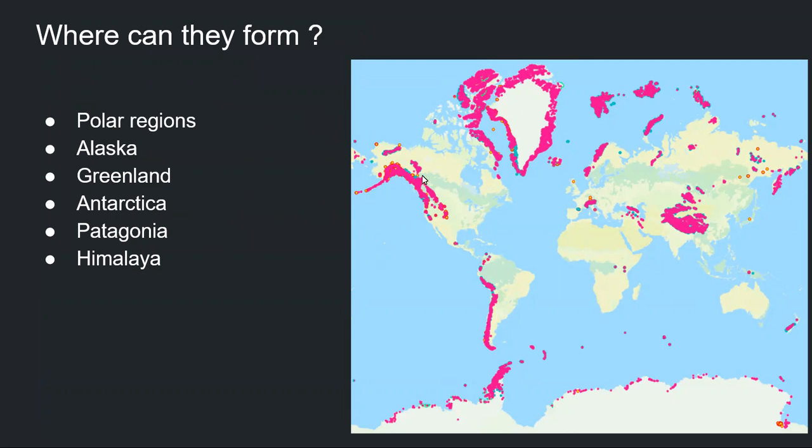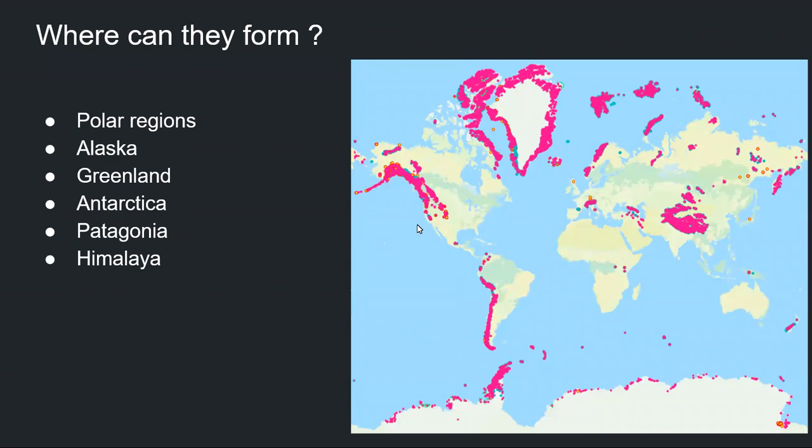Every point in pink represents a glacier, and we really have them everywhere, even in Africa, but we only have 3 glaciers. They're pretty small and are going to disappear very soon. I can't say how soon, of course, but by 2050, if you have anything remaining, I would be surprised. So glaciers can really form everywhere at high latitudes or at high altitude.